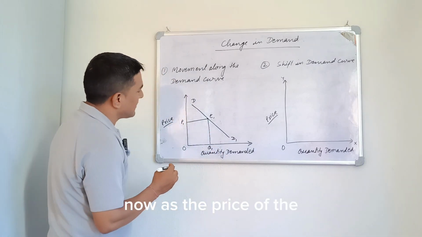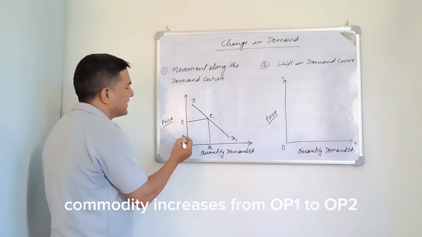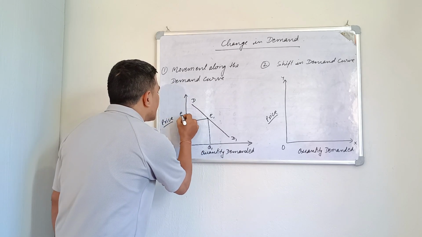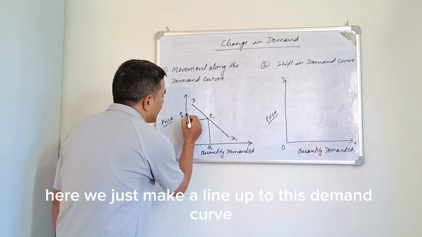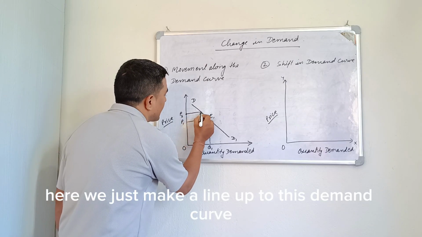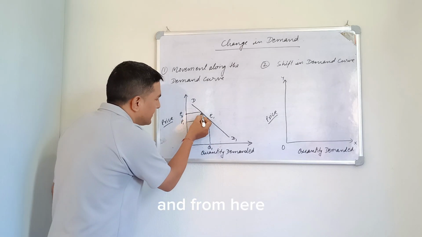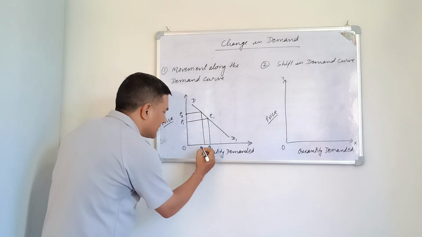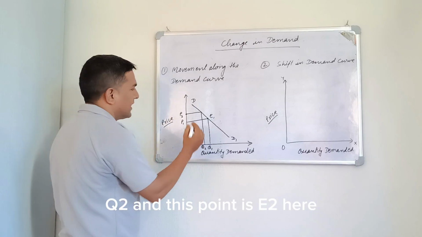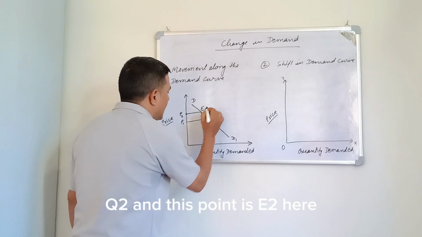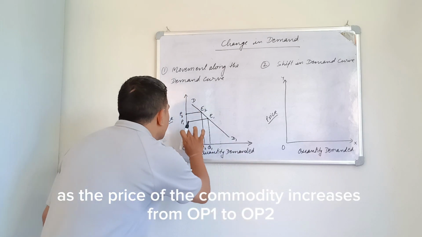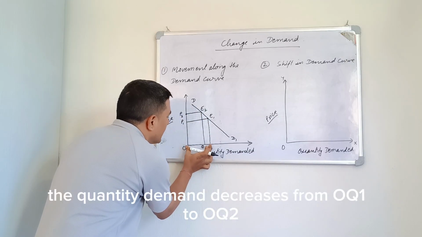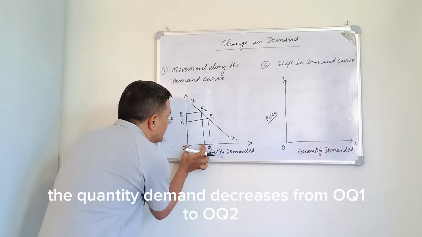Now, as the price of the commodity increases from OP1 to OP2, we make a line up to the demand curve, and from there a line perpendicular to the x-axis at Q2, and this point is E2. As the price increases from OP1 to OP2, the quantity demanded decreases from OQ1 to OQ2.